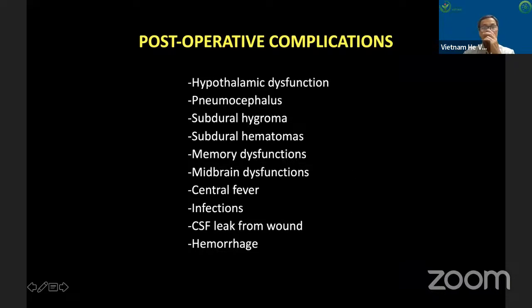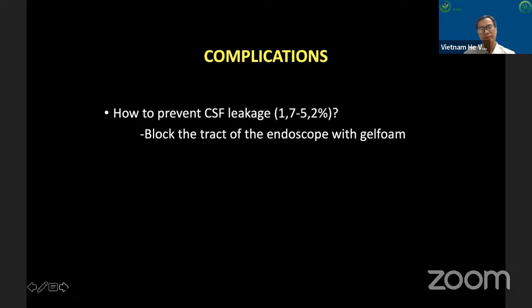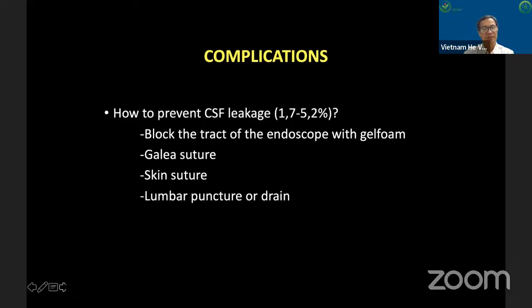And there are some other complications. There are many: infection and CSF leak. The CSF leak rate is sometimes 1.7 to 5.2%. When we see CSF leak, especially in young patients, to avoid it we have to block the track of the endoscope.